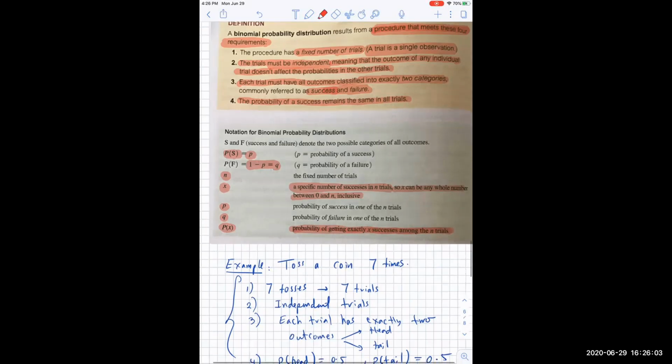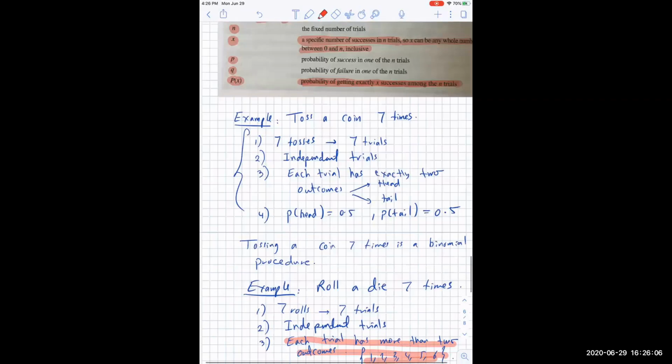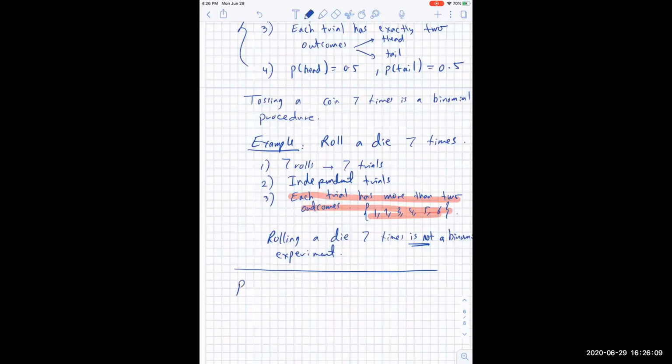Now, here's the formula that we're going to be using. The probability of x is n factorial over x factorial times n minus x factorial times p raised to the x times q raised to the n minus x.